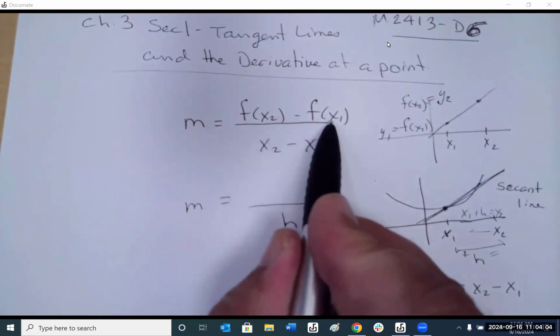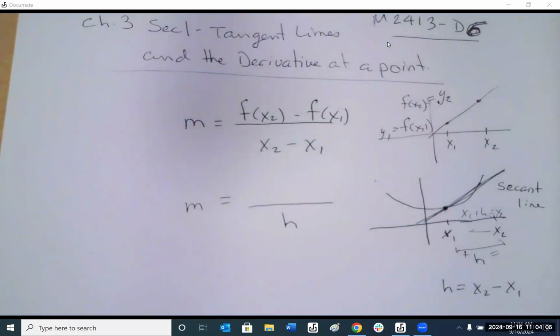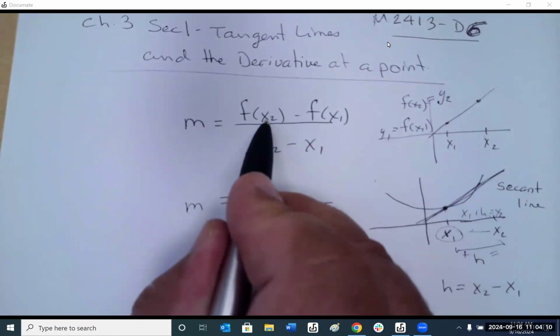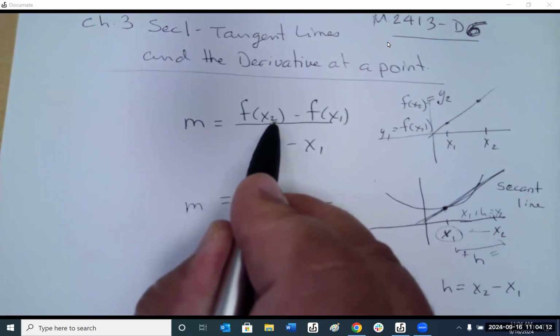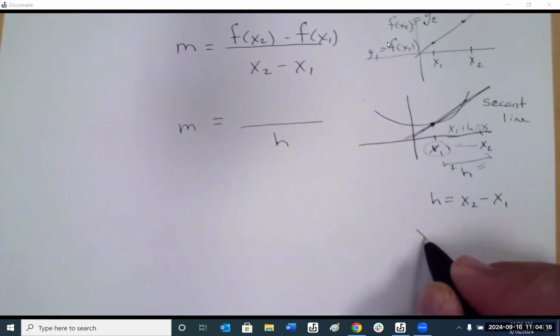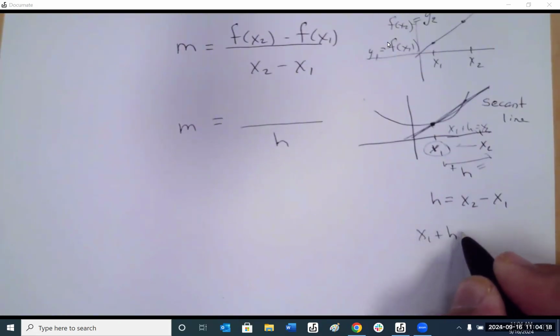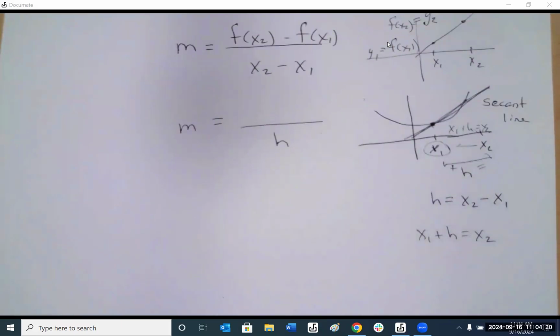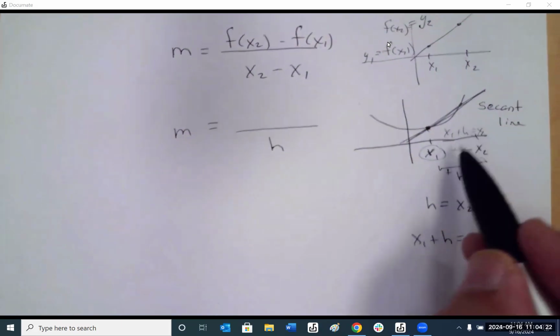We don't have 2 points anymore. We only have 1 point, x1. So we need to write x2 as a function of x1. So we have x1 plus h equals x2. That's what we did here.